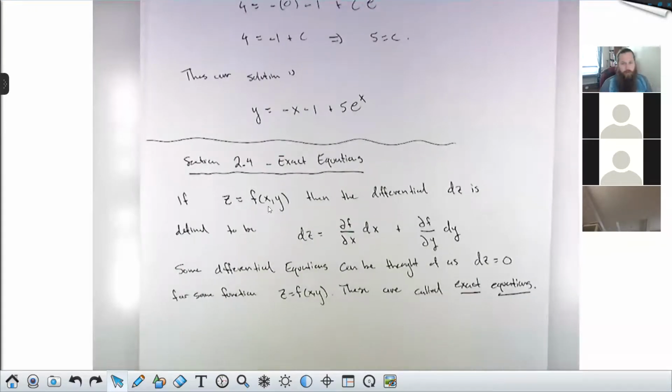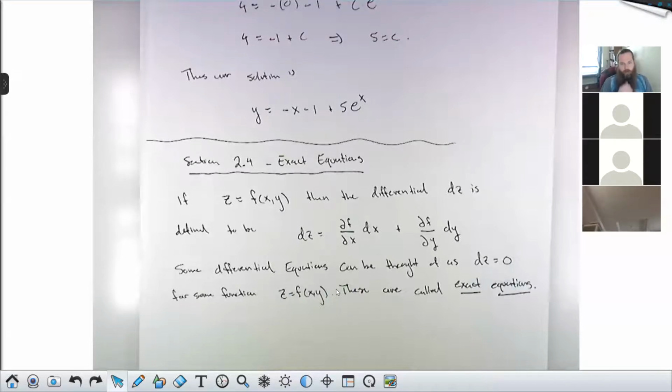And then the trick is, if you can interpret a differential equation where you've got some expression times dx plus some other expression times dy equals 0 as the differential dz equaling 0 along some level curve for some particular function f, there are nice ways to solve the differential equation.